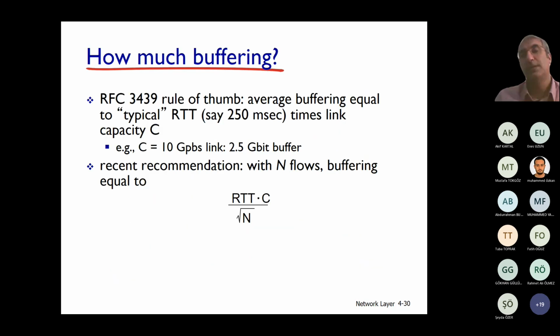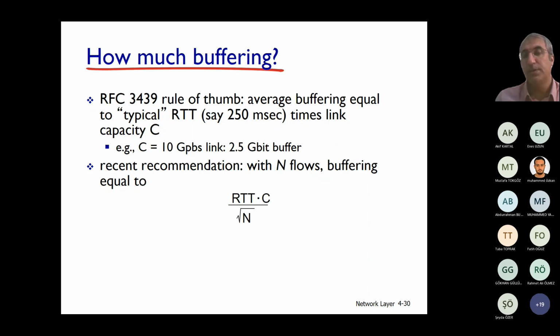So the next question is, if buffering is a problem, how much buffering do I need so that I can avoid or minimize packet loss? We have a standard for that, RFC 3439, the rule of thumb: average buffering is equal to typical RTT times link capacity.